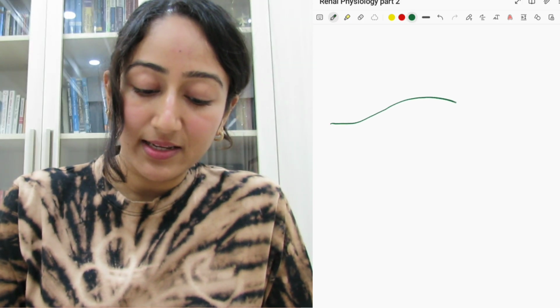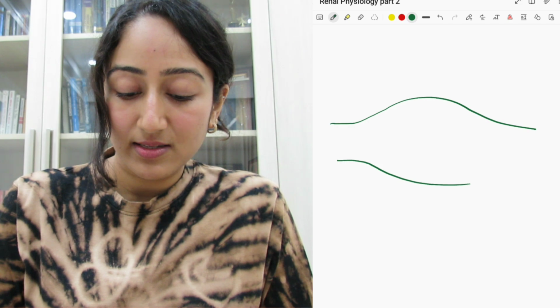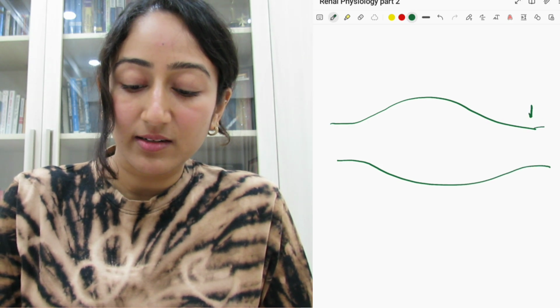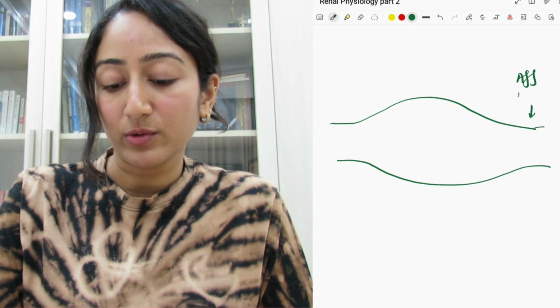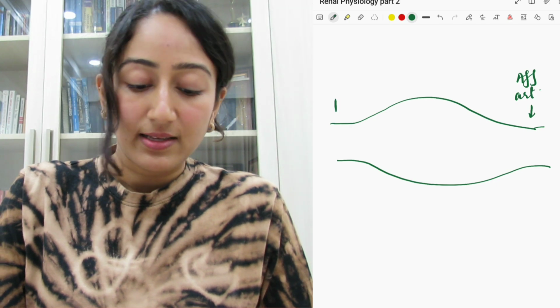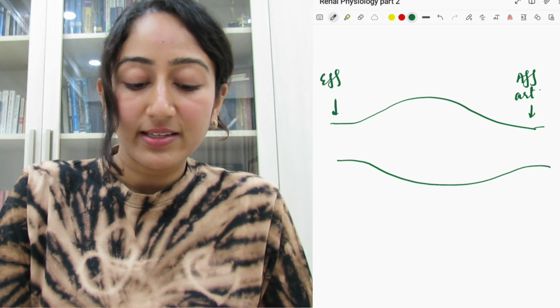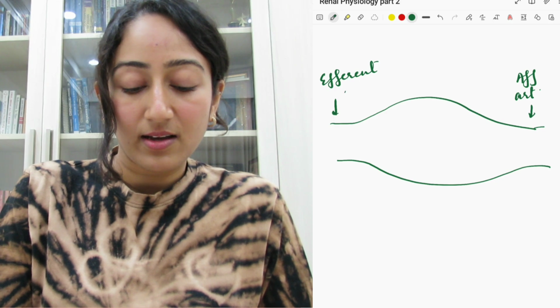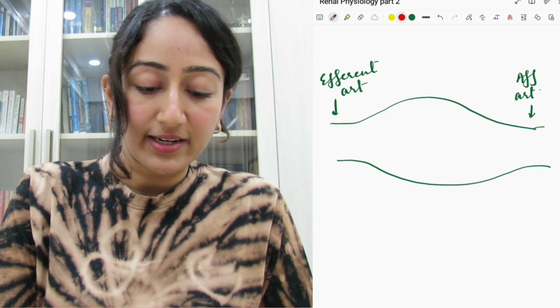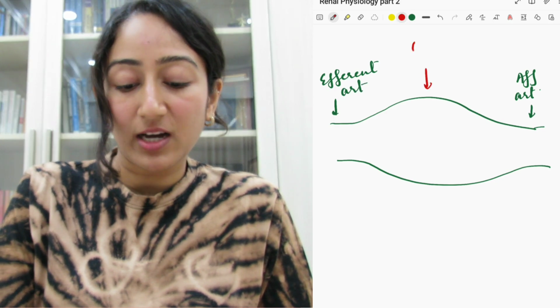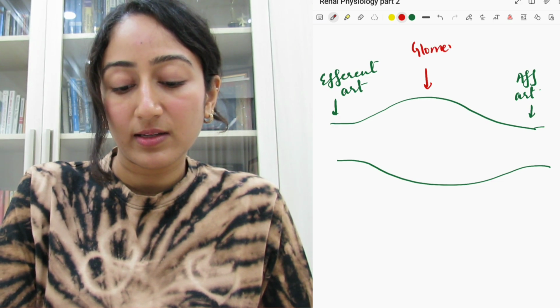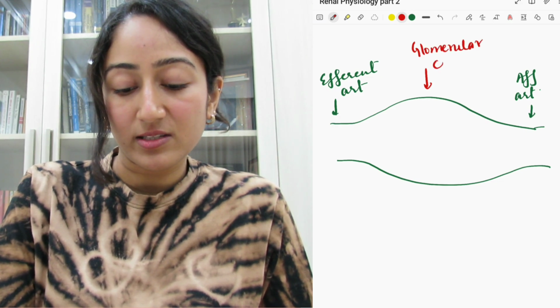So let us say that this right here is our afferent arteriole, and this right here is our efferent arteriole, right? And we know in the middle we have our glomerular capillaries, right?